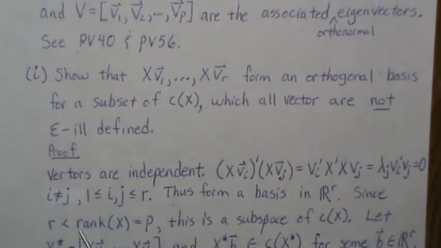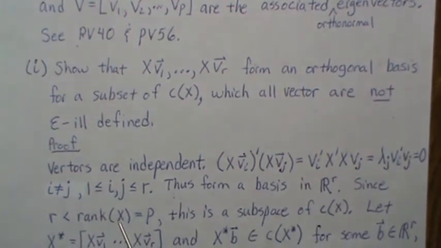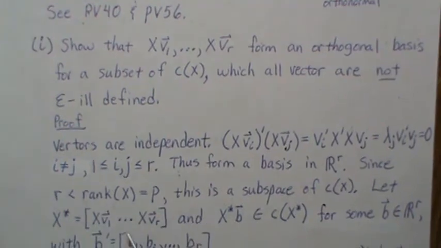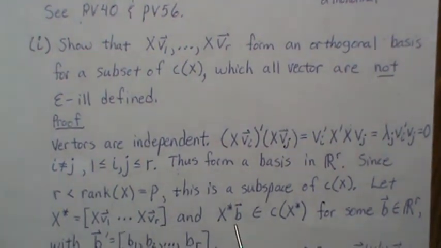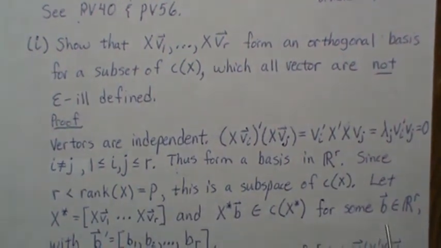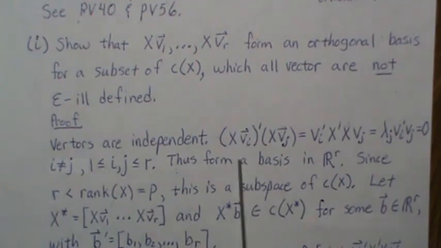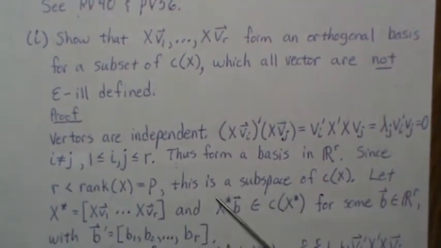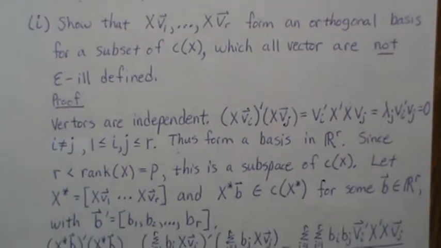And now since r is actually less than the rank of X, which is p, this is a subspace of the column space of X. Now let X star be these first r columns, and let this be a vector in the column space of X star, for some B in R^r. Because there are r columns here, B has to have r components.